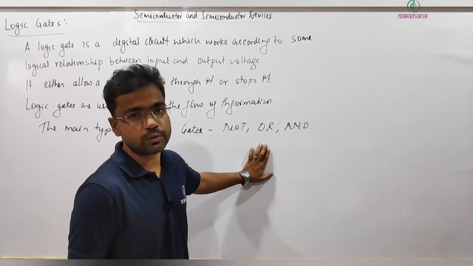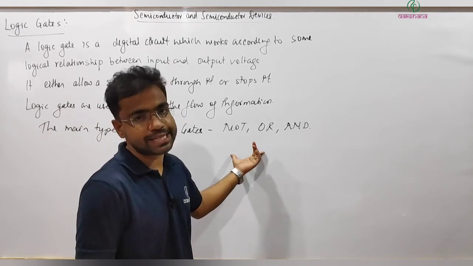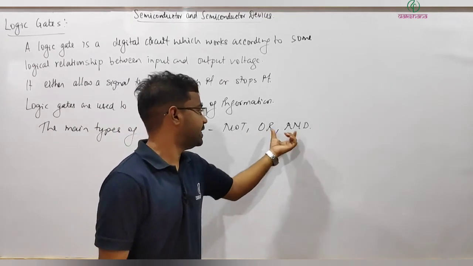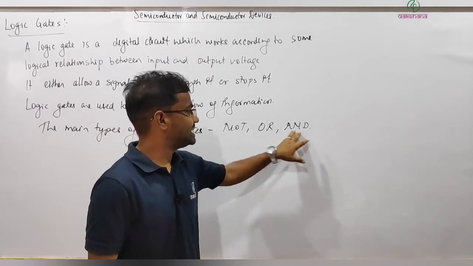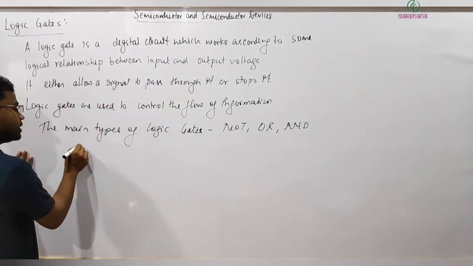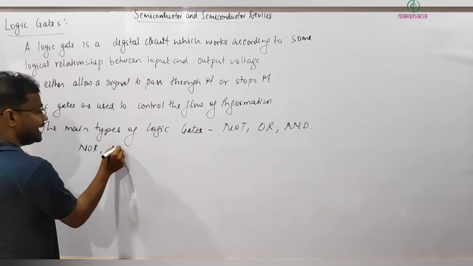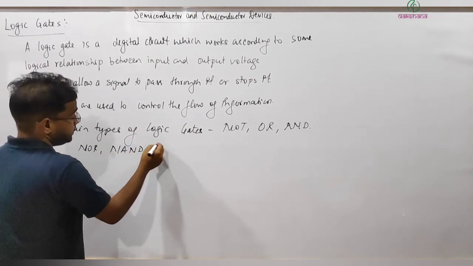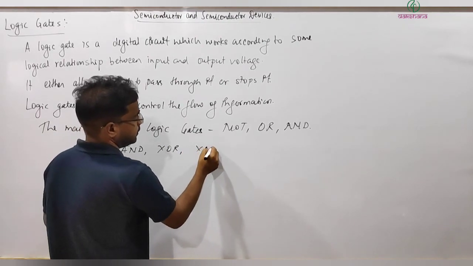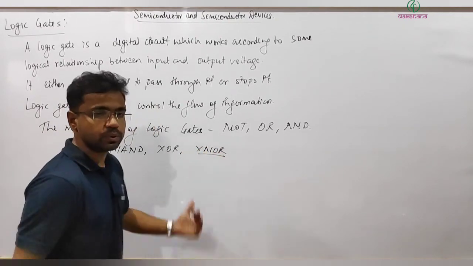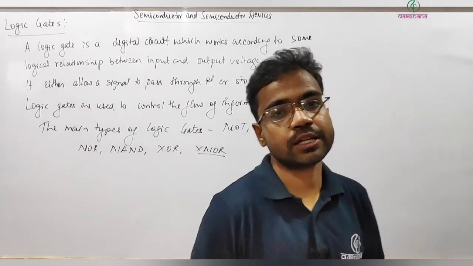Based on their function, what operation they are doing, we have given them these names. Similarly there are the NOR gate, the NAND gate, and exclusive OR and exclusive NOR. So these are the types of gates that we will discuss.